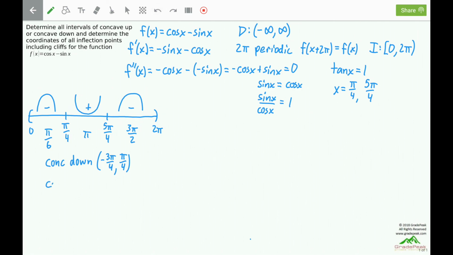Then there is a concave up interval existing from pi over 4 to 5 pi over 4.